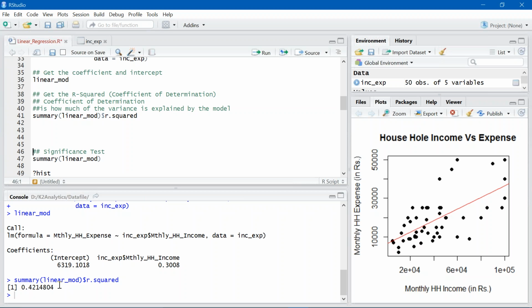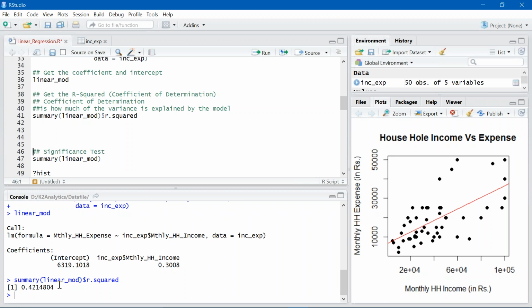Can I explain the remaining 58% of the variance in expense also? Is it possible to explain the variance in the remaining 58% which is still unexplained?